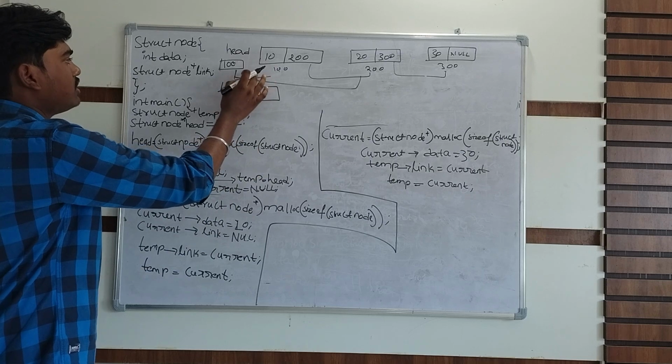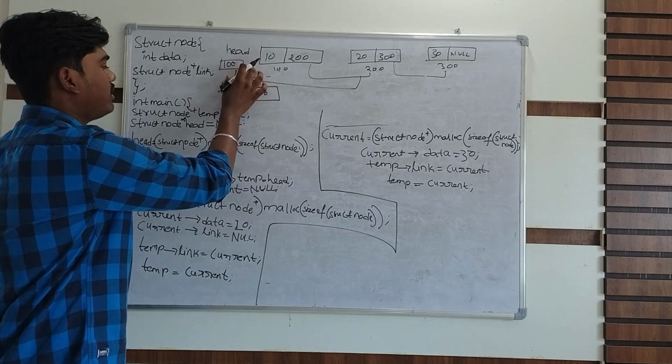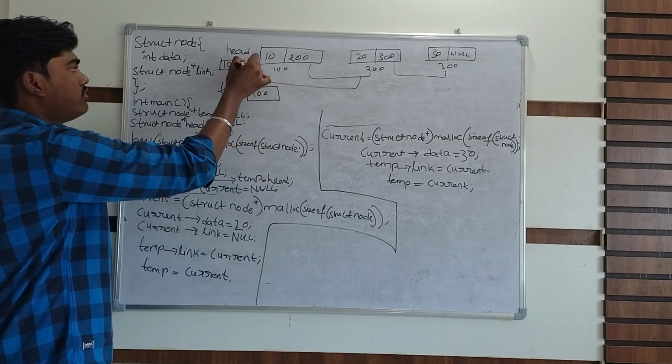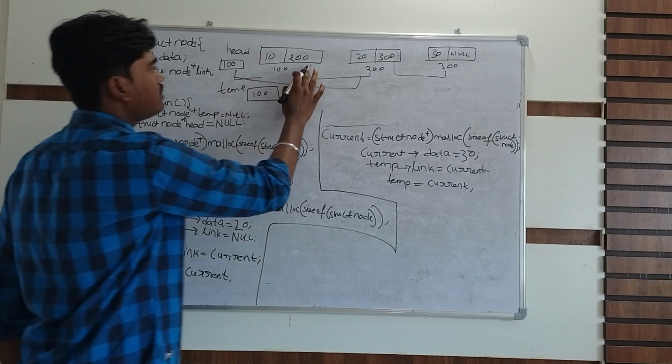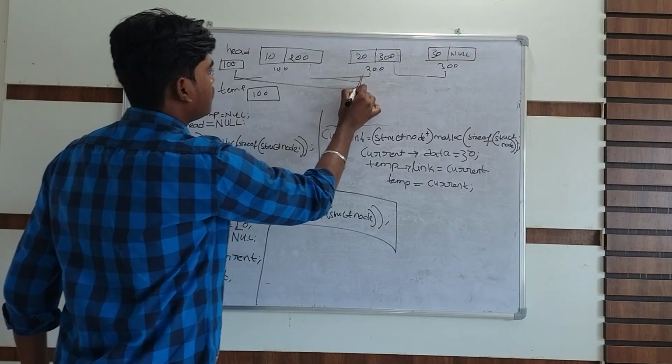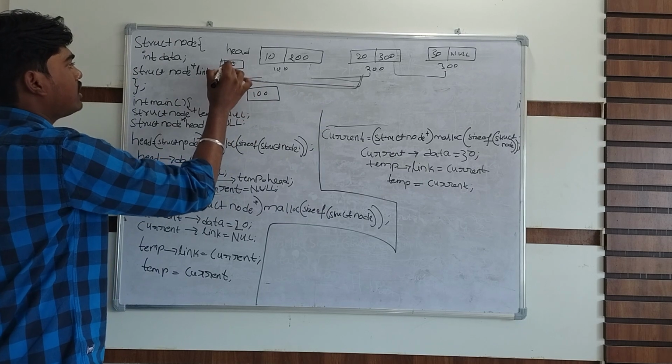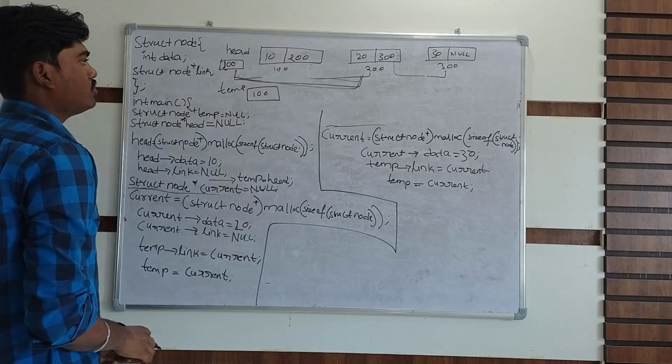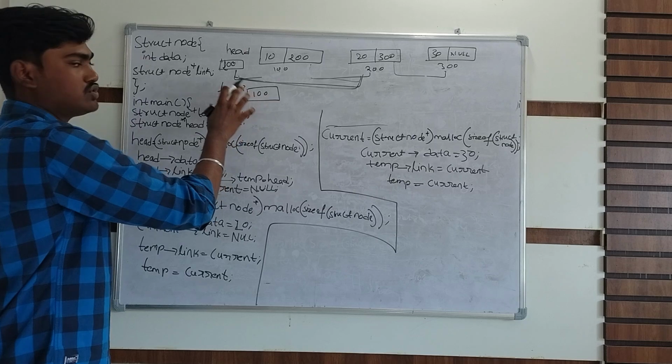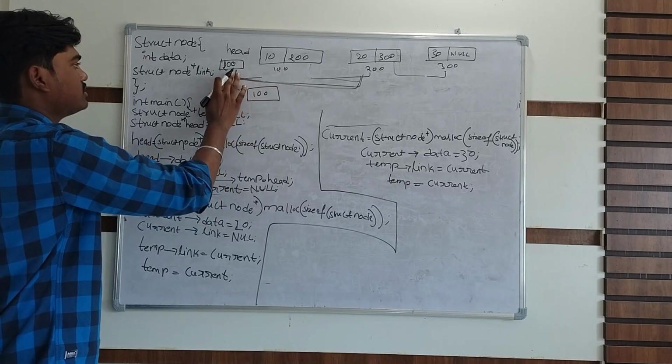If we use head directly, it will connect to the second node and we will be disconnected from the first node. It then consists of 200, and the first node will be gone. So head is fixed, so we can't move directly like this.